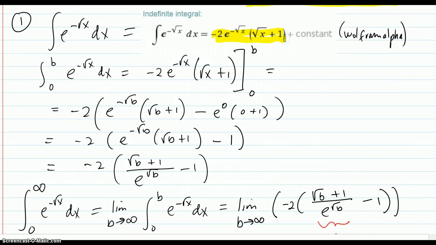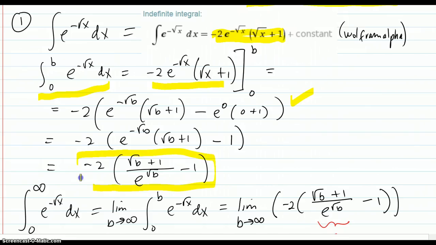Okay, so that's it. That's how to use Wolfram Alpha. So then you use our procedure, the integral from 0 to b, and b is going to infinity. You put the antiderivative in there, you evaluate it out, you get here, and then you end up with this statement here.